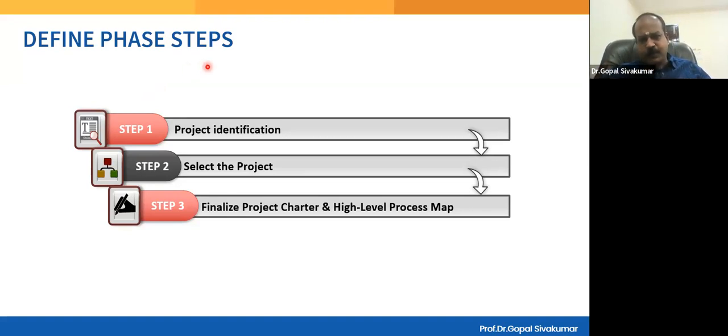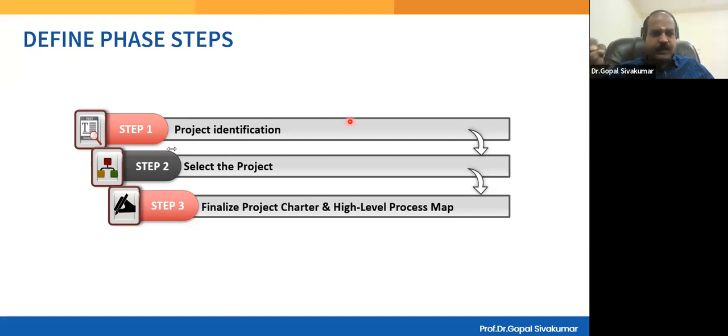In the same manner, when you start with a project, initially you have to give a high-level map of the process. High-level map of the process means the starting point, ending point, and few critical steps that will be happening in between. Don't try to give everything in the define phase. 5 to 8 steps of the process. But what is compulsory is the starting point and ending point.